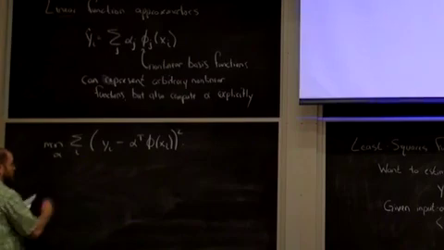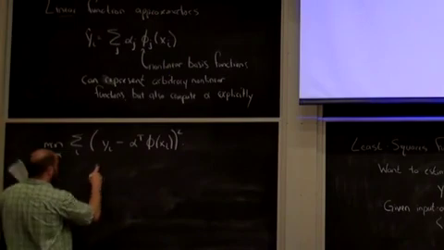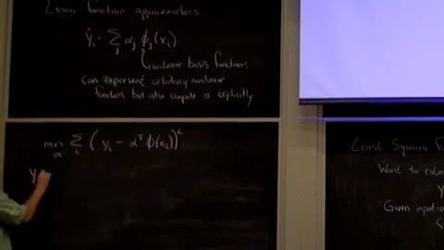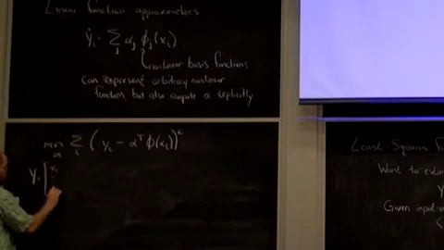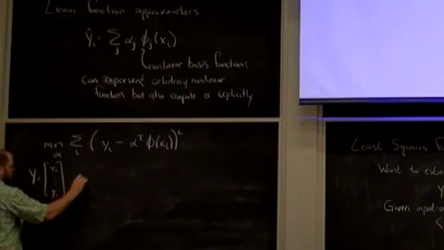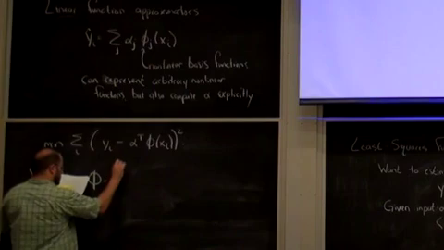I can write this even more in vector form if I choose big Y to be the y's, if I put these things into a big vector, and big phi is in the other direction.